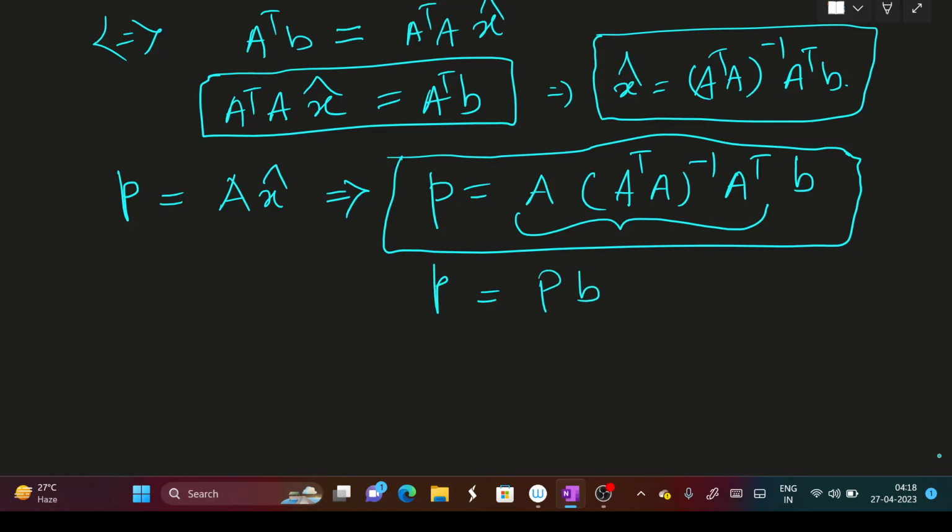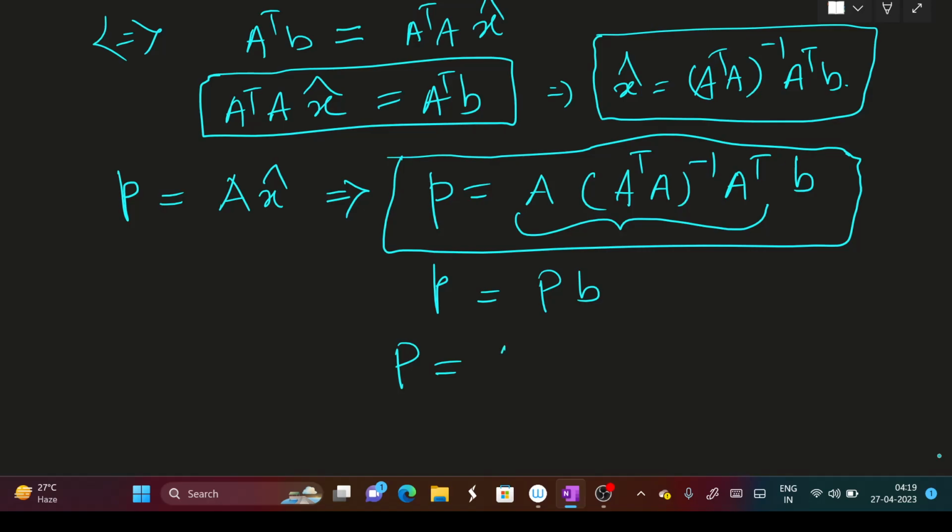So from here, this is the projection vector, and this is the projection matrix. The projection vector is the vector projection of B onto C of A, and the projection matrix is the matrix which projects any vector B onto C of A. So here clearly what is my P matrix?